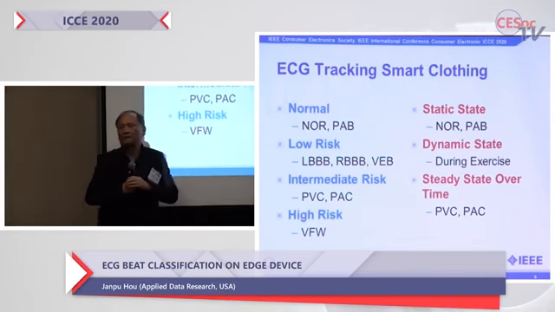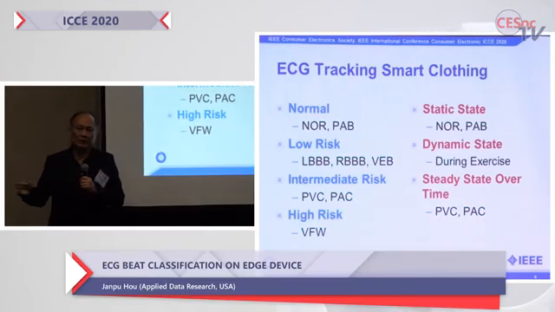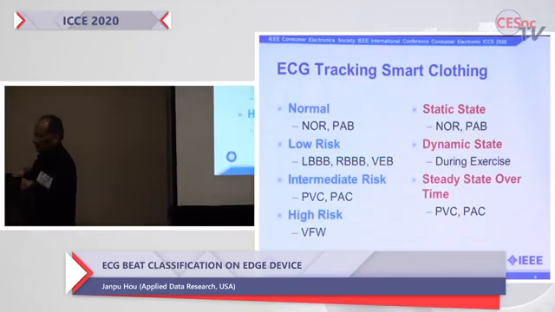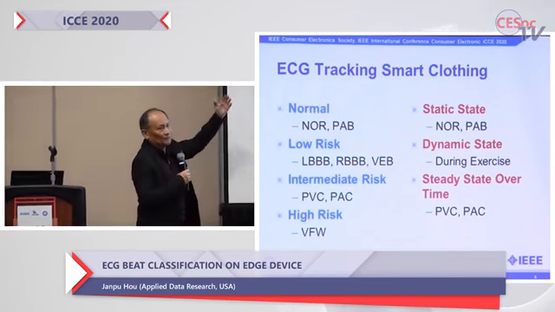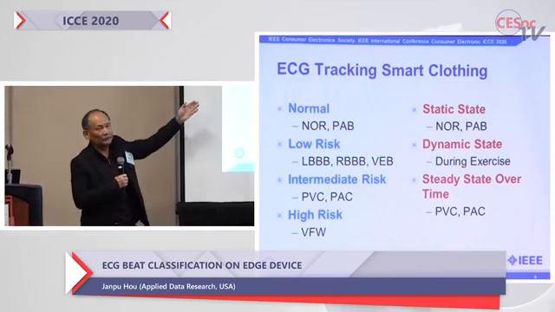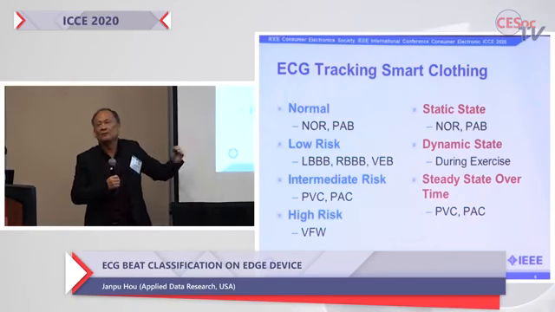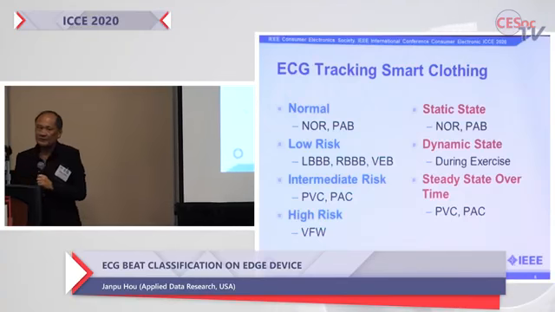Then also we can monitor it for 2 weeks all the way. So we collect those data and try to do some classification: yes, you are normal; no, you have a little bit of risk; or you have a very high risk. That's the intention.